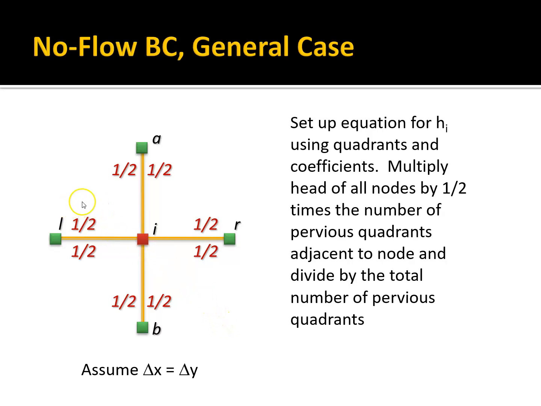Or if we have 3 impervious quadrants, these 3 here, we would say 1/2 of HL plus 1/2 of HB divided by 1, because there's only one pervious quadrant. And the other case is the one we just saw. Let's suppose this quadrant up here is impervious. We do 1/2 of A, 1/2 of R, all of B, all of L, divided by 3.